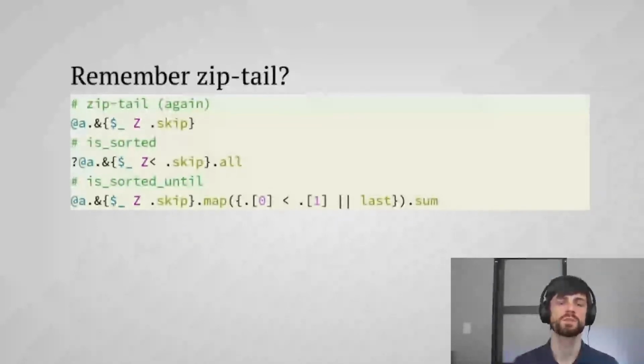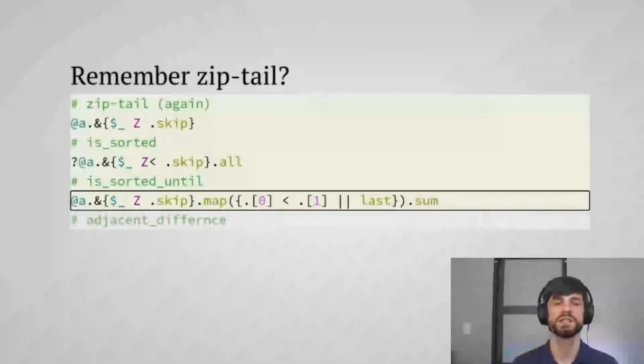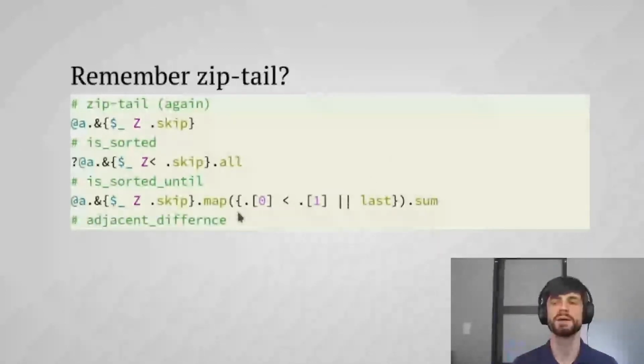All right, and next, again, adjacent difference is one of those sort of poorly, or at least incompletely named C++ algorithms. What it does is, in its default implementation, it tells you, it's well named in its default implementation.